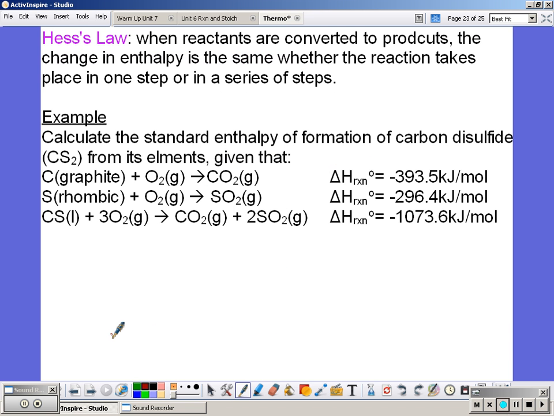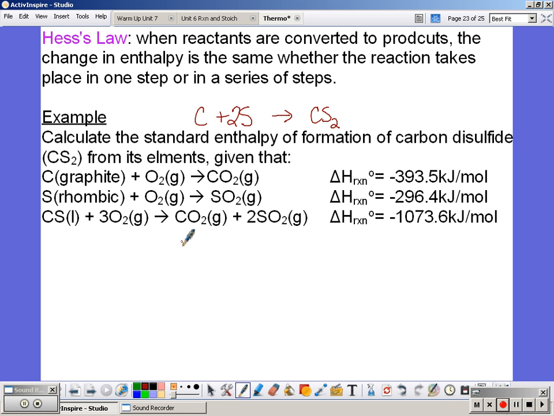Hess's law is when the reactants are converted to products, the change in enthalpy is the same whether the reaction takes place in one step or in a series of steps. So calculate the standard enthalpy of formation for carbon disulfide, CS2, from its elements, and then it gives us the steps. So if we think about what the reaction would look like, we would have carbon and sulfur added together to form CS2, and then to balance it we would have to have 2 sulfurs.